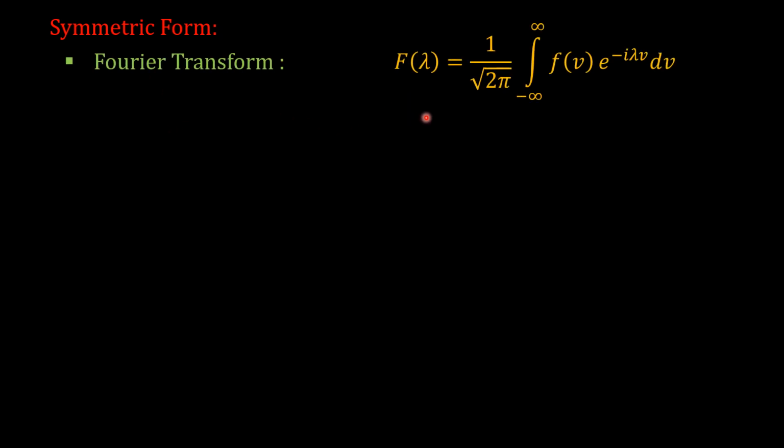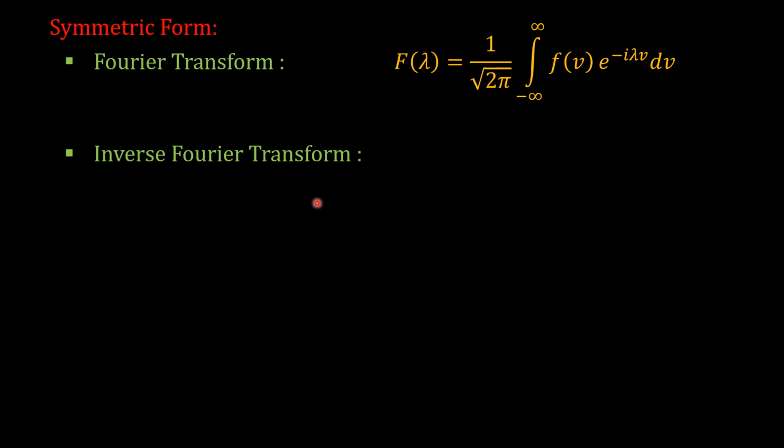Okay, symmetric form for the Fourier transform: F of lambda is equal to 1 upon 2 pi, and that coefficient is split into two equal parts. So one we have considered with F of lambda. So F of lambda is equal to 1 upon root 2 pi integration from minus infinity to infinity f of v e raised to minus i lambda v dv.